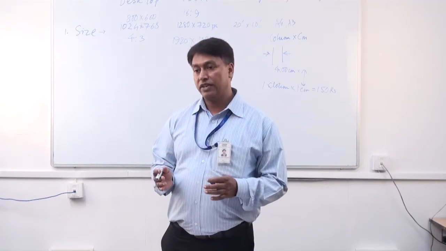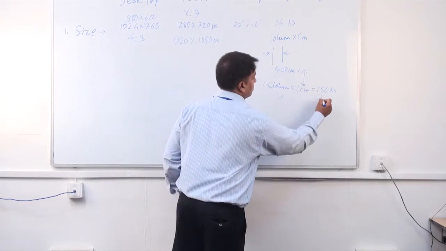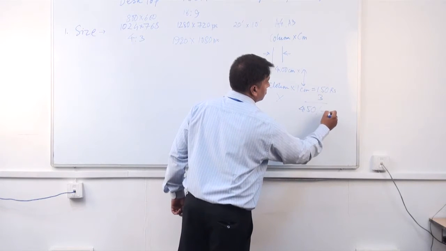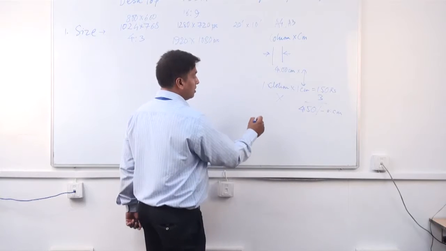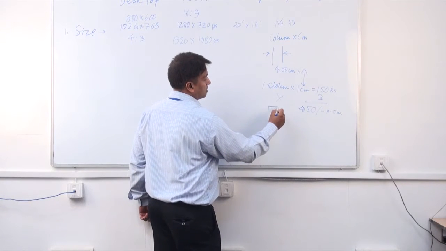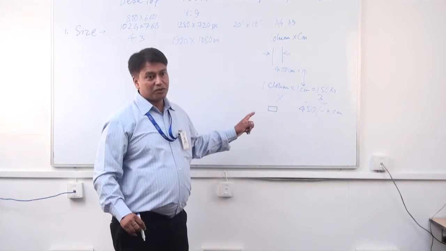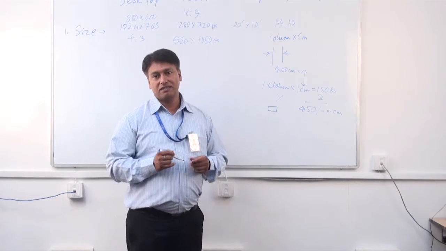So now you can think of it. And if it is colored ad, it will be multiplied by 3 per centimeter. One column by 1 centimeter. So it is around this much and 1 centimeter is around this. So only this much ad will cost you 450 rupees.